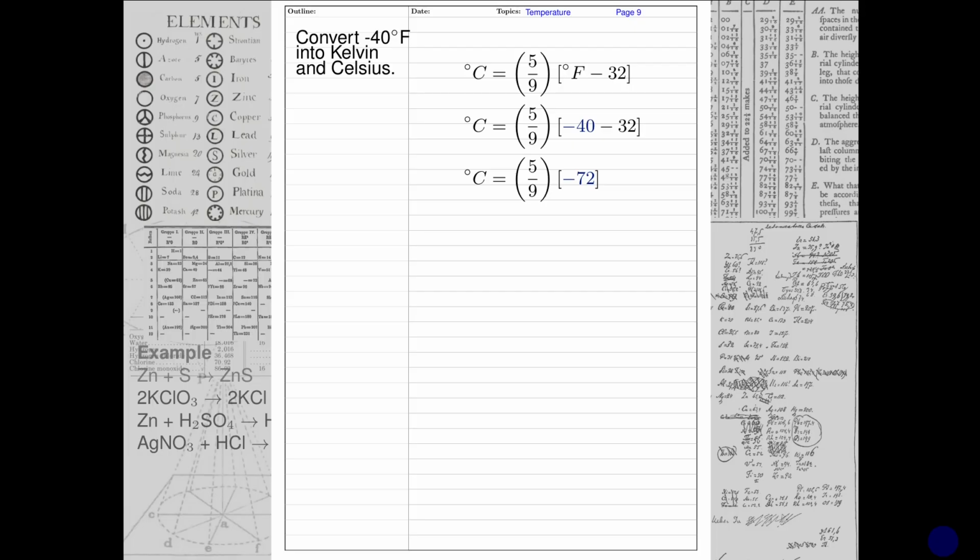Negative 72 times 5 over 9 is negative 360 over 9, which simplifies into negative 40. And so this is a fun temperature because negative 40 Fahrenheit is equal to negative 40 in Celsius. And then of course we can convert that to Kelvin by adding negative 40 plus 273 to give 233.15 degrees Kelvin.